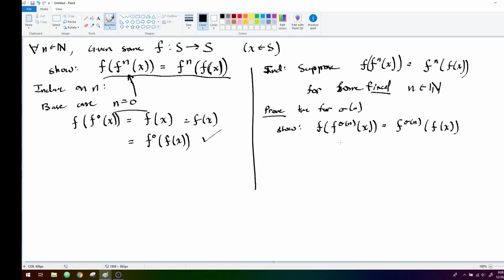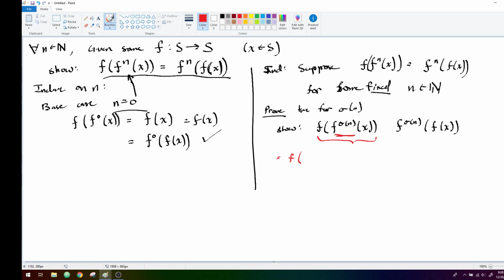Okay, so what we're going to do is we're going to tackle both sides of this equality separately and show that they're equal to each other at the end. And because we don't yet know that they're equal, we're not going to write an equal sign just yet. So let's look at what the red side is going to give us. The red side being this one. Well, this, by definition, is going to be equal to f applied to.